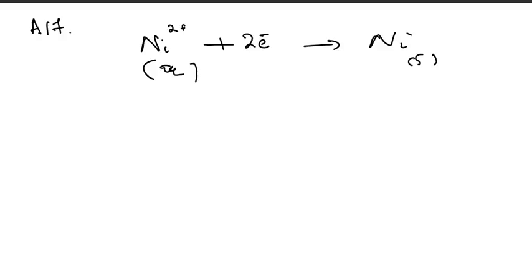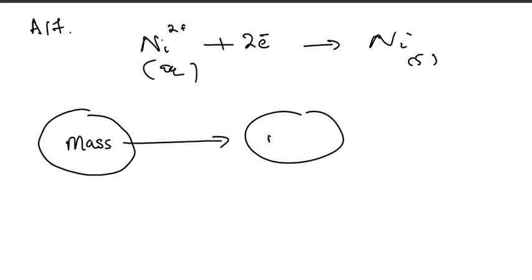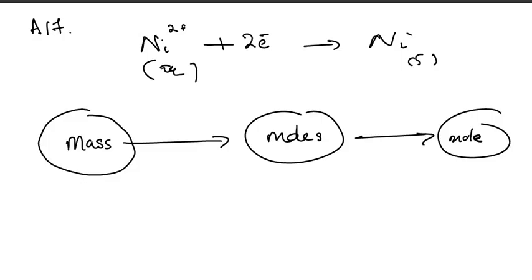We need the number of electrons, because that's needed in the calculation of time. First of all, the normal map is that we always have our mass. Mass will give you the moles. From the moles, you get the moles of electrons when you multiply by the number of electrons given.